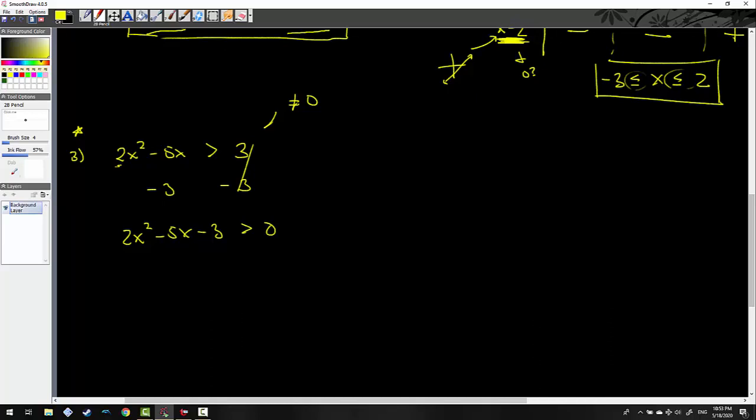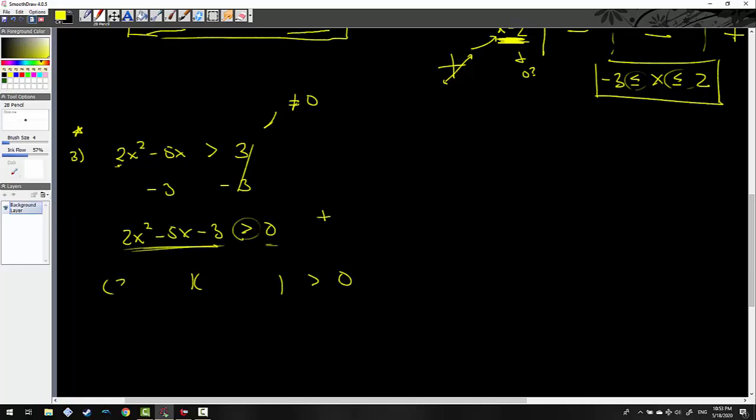Once I have him equal to 0, now I can do a sign chart on this thing. I will factor him, but before I do that, I forgot to ask my essential question. What is the final interval that I'm going to be looking for? Well, the parabola here has to be greater than 0, which means I'm looking for something positive.